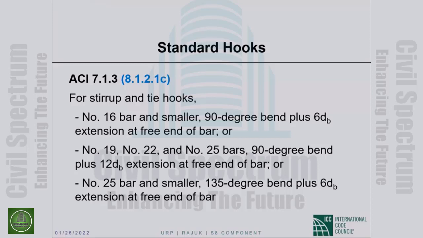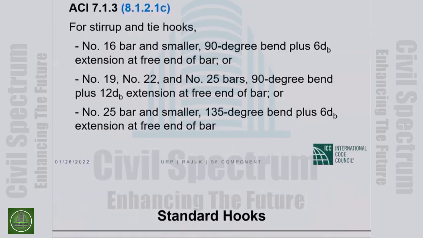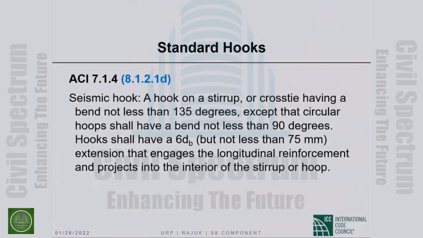For number 19, 22, and 25 bars, a 90-degree bend plus 12 bar diameter extension. Or for number 25 bar and smaller, a 135-degree bend plus 6 bar diameter extension at the free end of the bar. Okay? I think you have to read closely and see what is being said.